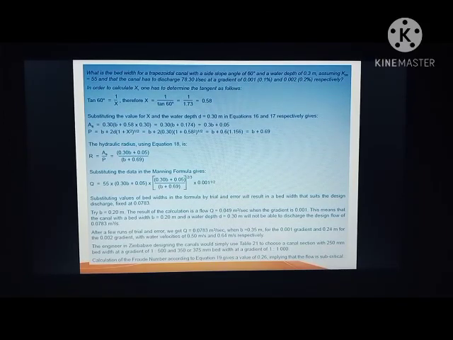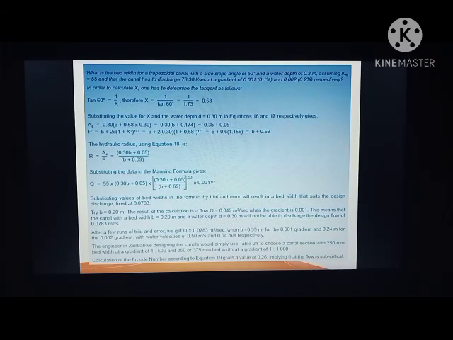Substituting values of bed width in the formula by trial and error will result in a bed width that suits the design discharge, fixed at 0.0783. Try b equal to 0.2 meters. The result of the calculation is a flow Q equal to 0.049 cubic meters per second when the gradient is 0.001.